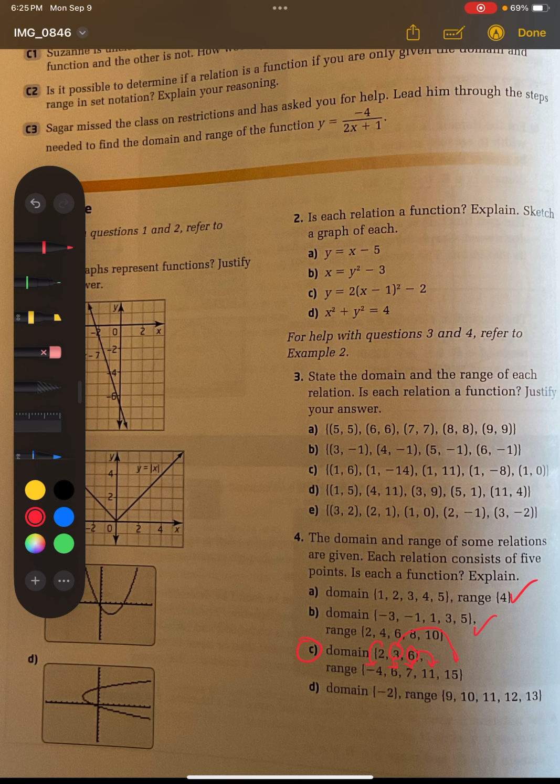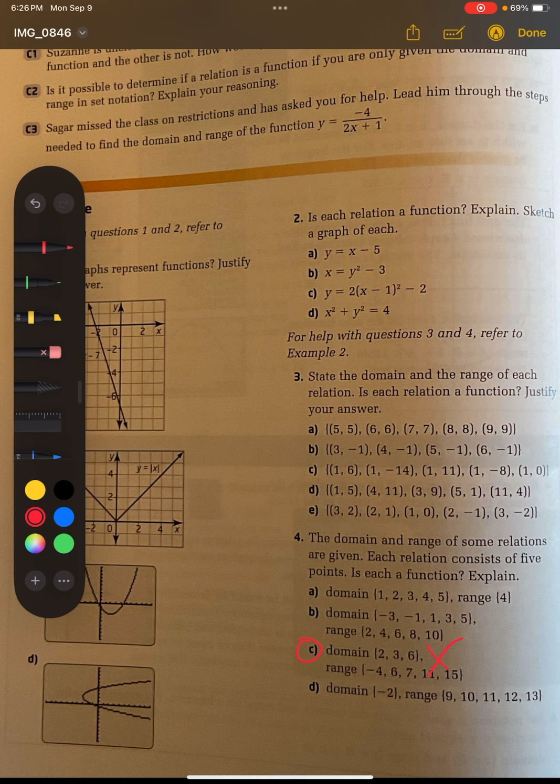So therefore, this is not a function because I have at least one point in my domain pointing to more than one item. And so C is not a function.